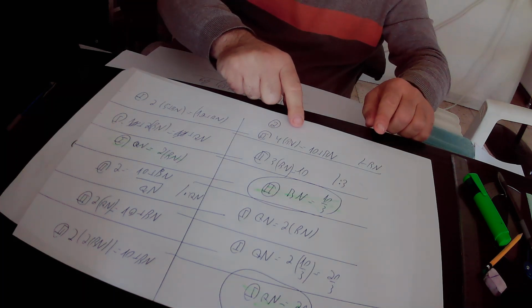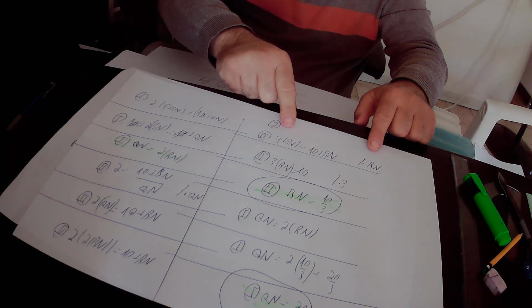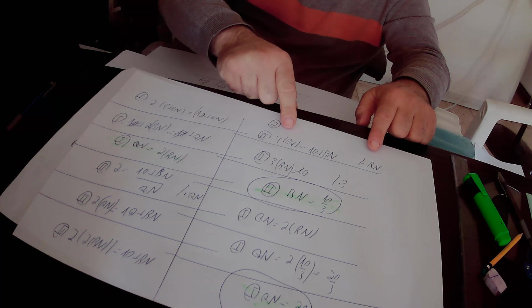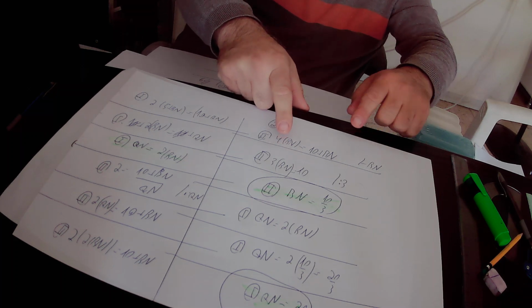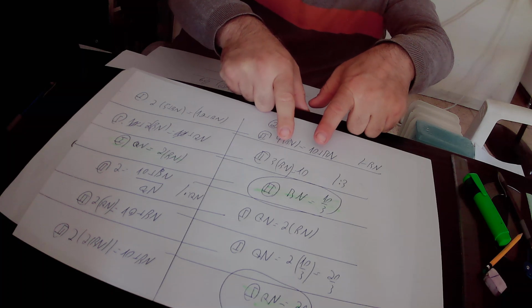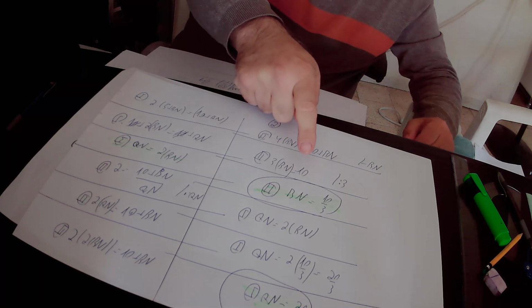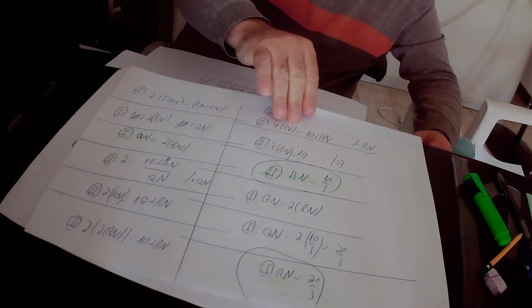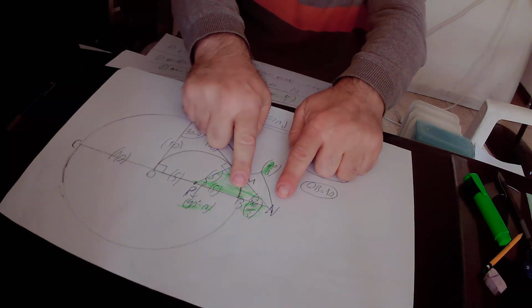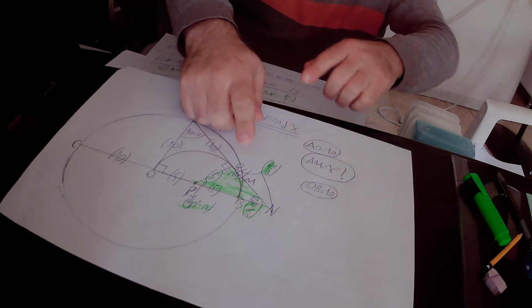Here we subtracted Bn from this equation, and found out that 4 times Bn minus Bn is 3 times Bn. So 3 times Bn equals 10. We divided this equation by 3, and finally found out that Bn equals 10 over 3 units in its length. This line segment Bn equals 10 over 3 units in its length.